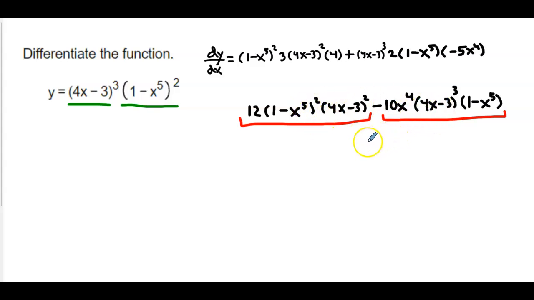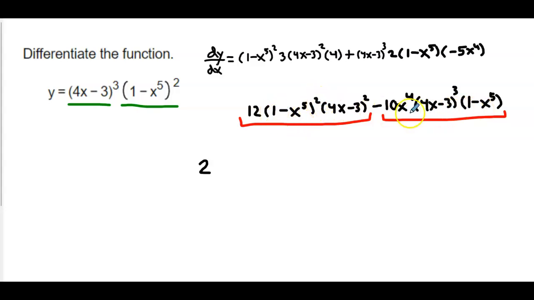And if we want to get it simplified, we can first look for a common factor across those 2 terms. And we'll begin with the coefficients. So we've got 12 and 10. If we consider what's common between 12 and 10, well, we've got a common factor of 2. So I'll write the 2. Now we'll move on to this binomial factor 1 minus x to the fifth. In this first term, we have two of them because it's being squared.